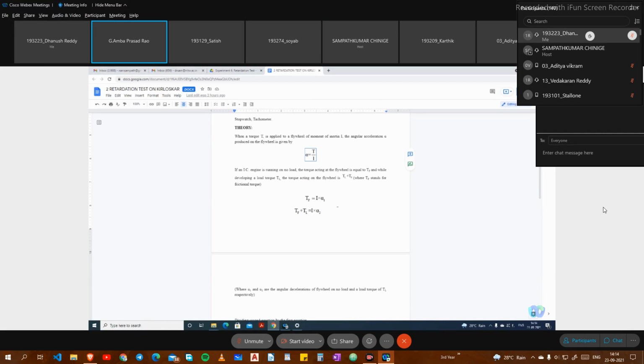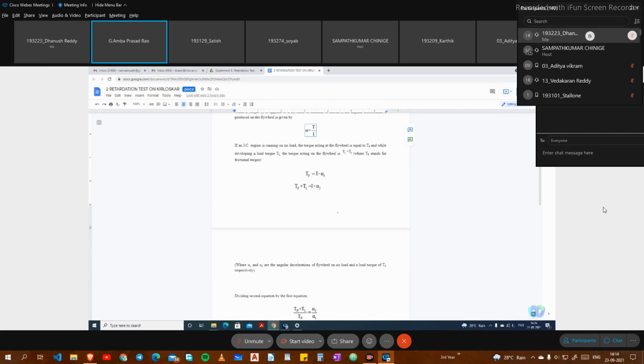Let us say you bring the engine to 1500 RPM under no load conditions. When we conducted the performance test, we ran the engine at constant speed with no load applied, but it consumed some fuel. As far as the retardation test is concerned, retardation means a reduction in speed.